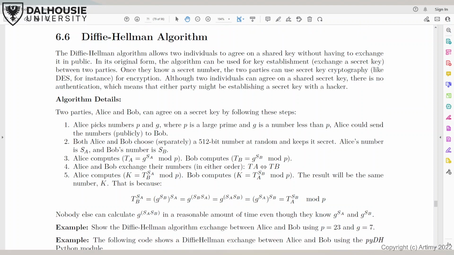All right, so how is that possible? Well, let's take a look at the algorithm. So Alice picks numbers P and G. P is a large prime number and G is a number less than P, right? And Alice sends both numbers to Bob.